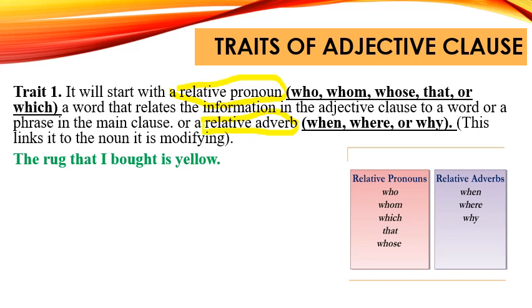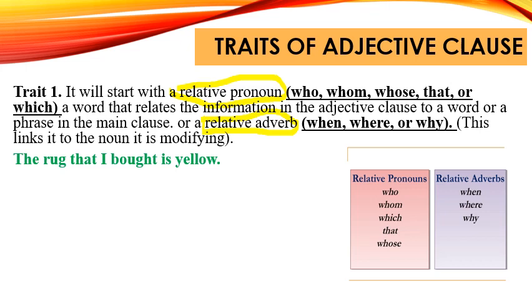You'll tell me what's the difference between a relative pronoun and a relative adverb. In the relative pronoun, as you see here in this table, it refers to the noun: who, whom, which, that, and whose. The relative adverb tells me the place, the reason, and the time of the event that happened. It doesn't take the position of an adverb; rather, it is only describing that noun.